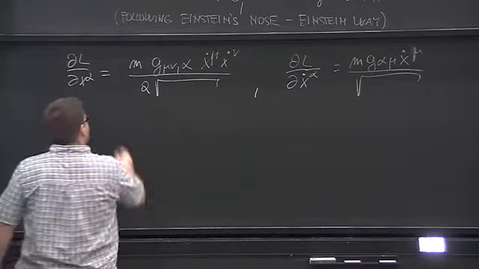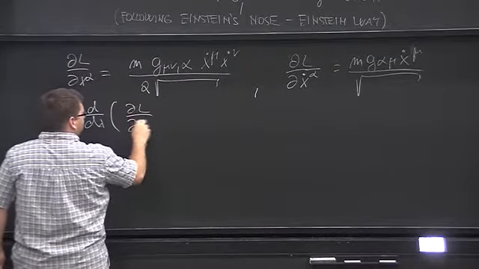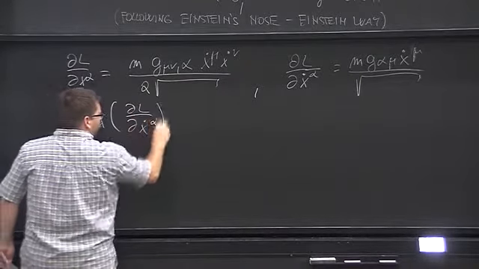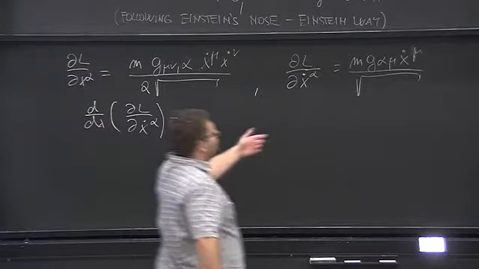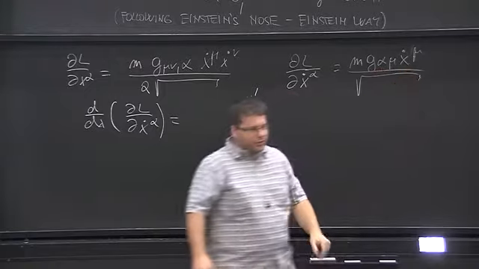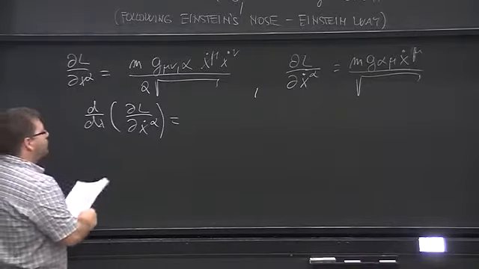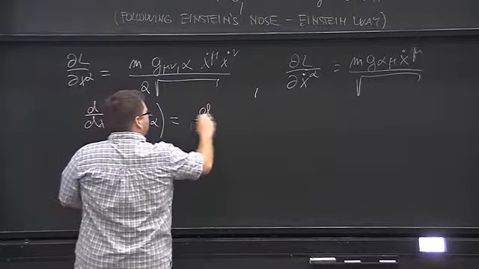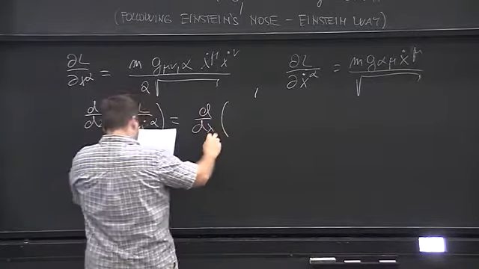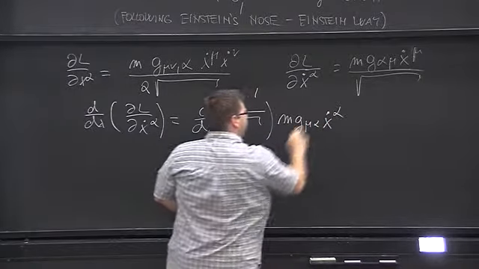And then finally, I have to differentiate d over d lambda of this thing, dL over dx dot alpha. So I have 3 terms which depend on lambda: the square root, the metric g, and x dot. Differentiating first the square root, I have d over d lambda of 1 over the square root, and then the rest I just write g mu alpha x dot alpha.